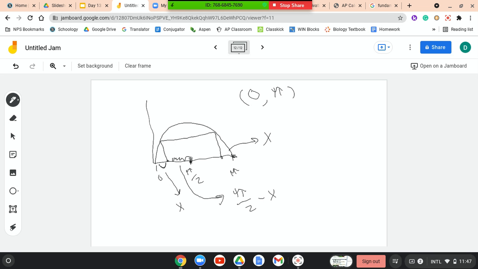Then the entire base of the rectangle is twice of that, so pi minus 2x. Cool?